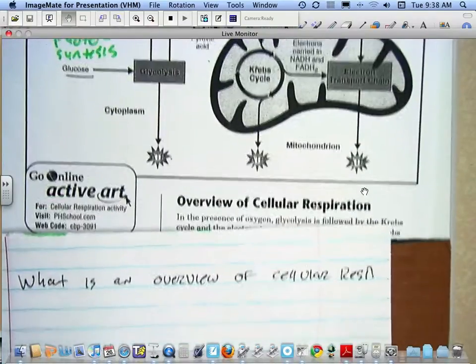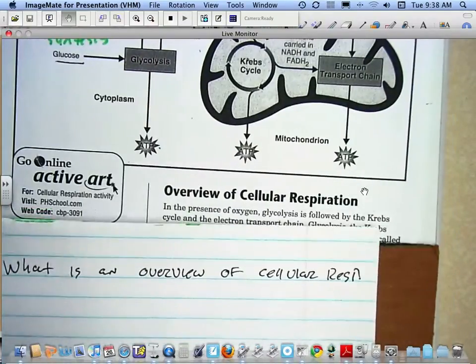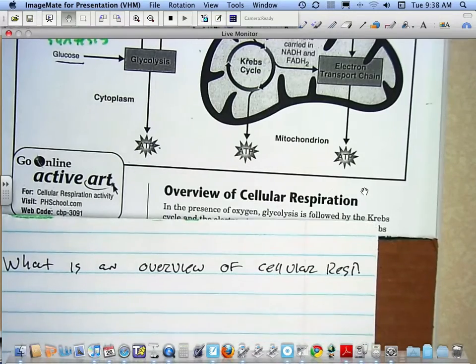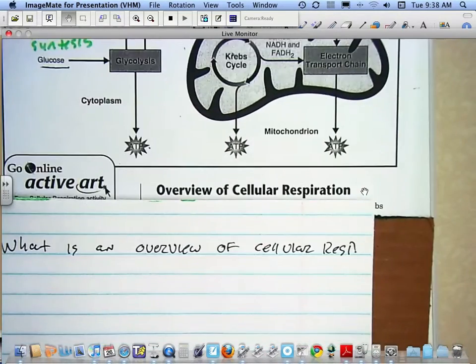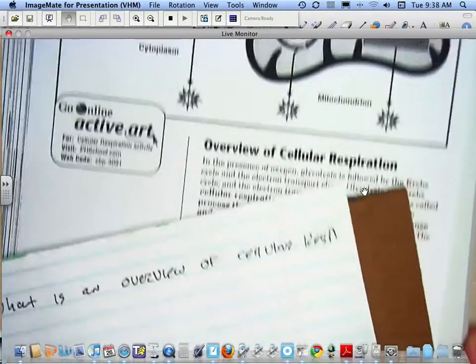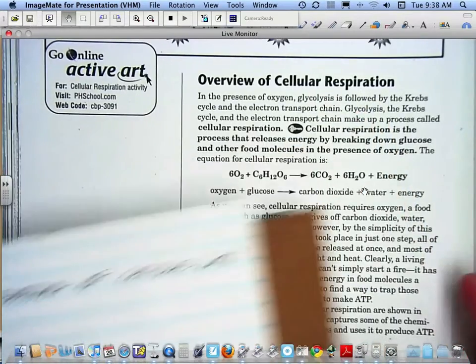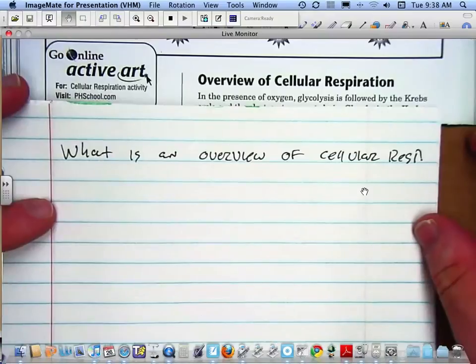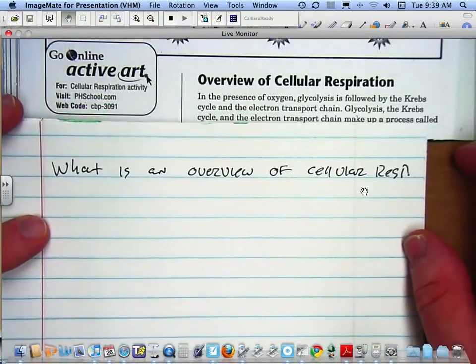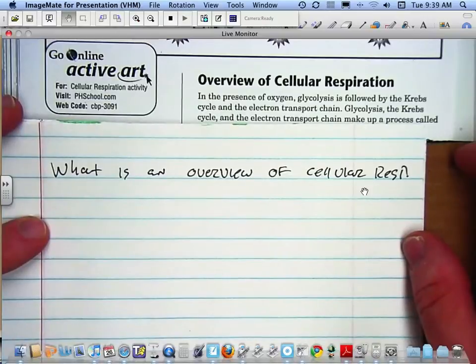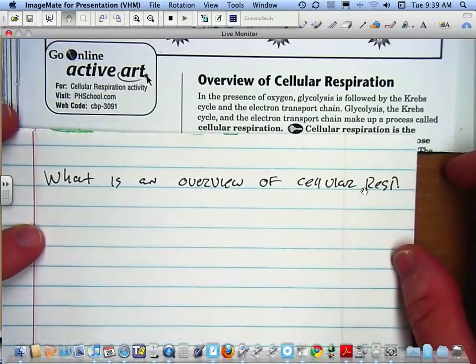Overview of cellular respiration. In the presence of oxygen, glycolysis is followed by the Krebs cycle and the electron transport chain. Hold on, my camera's a little crooked. Glycolysis, the Krebs cycle, and the electron transport chain make up a process called cellular respiration.